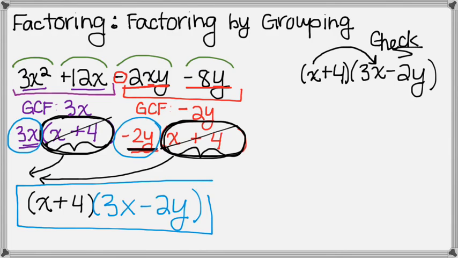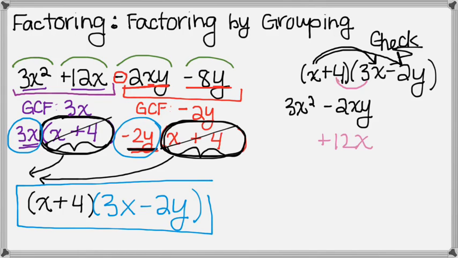So x times 3x is 3x squared. X times negative 2y is minus 2xy. Four times 3x is plus 12x. And then 4 times negative 2y is negative 8y.